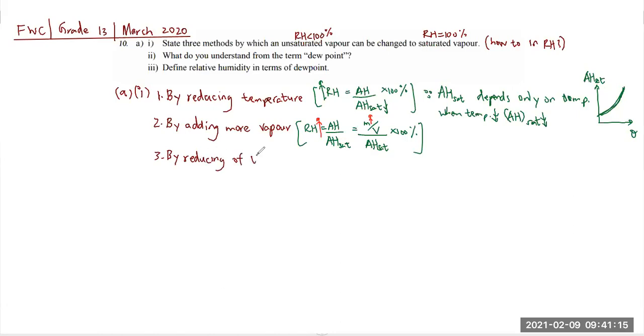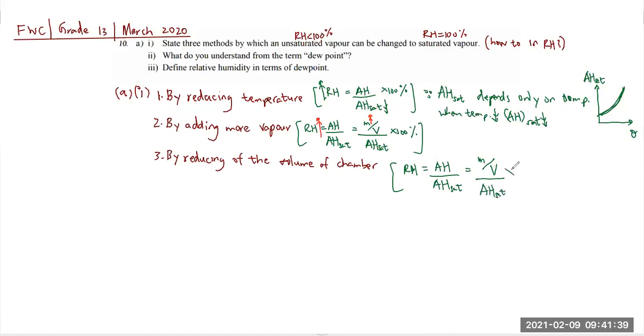By reducing the volume of chamber. Now, what happens when you reduce the volume of the chamber without changing the temperature? RH is equal to, again, AH divided by AH saturated. Now, what is AH? That is mass of water vapor divided by volume of chamber over absolute humidity of saturated vapor.